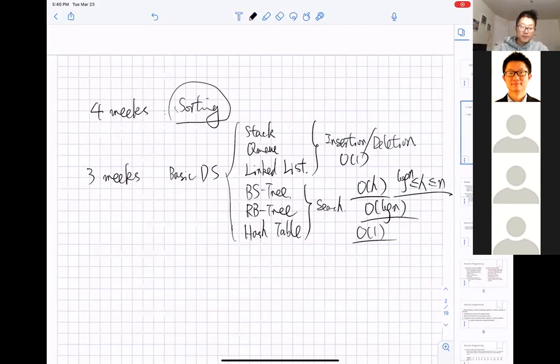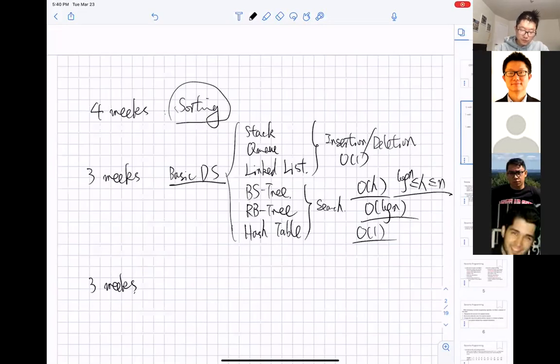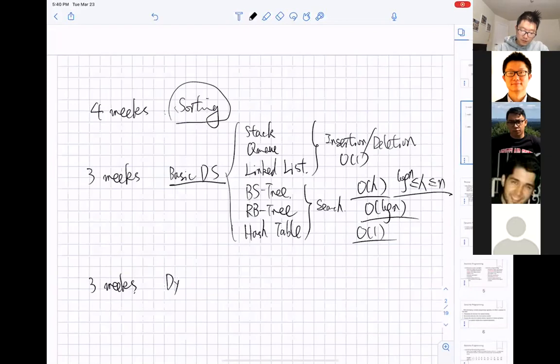Starting from today, we're going to spend 3 weeks on the topic of dynamic programming. It is about algorithms, not data structures.